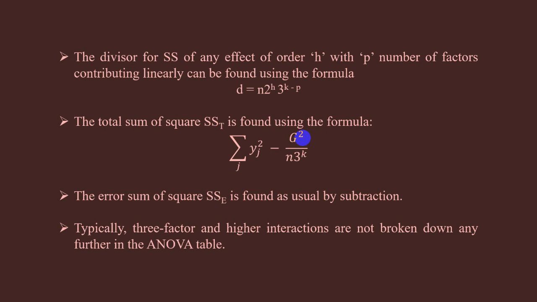Then you know how to compute the mean sum of squares, and then find the F ratio, then to what critical value it should be compared. So this is how we have summarized the 3-level factorial design, its treatment combinations, its main effects, interactions, contrast, sum of squares, computation of ANOVA, everything.